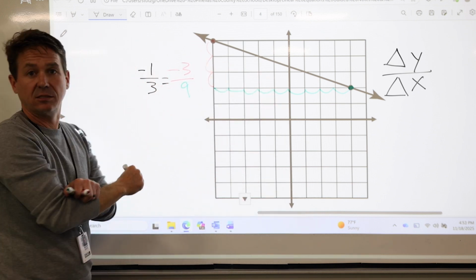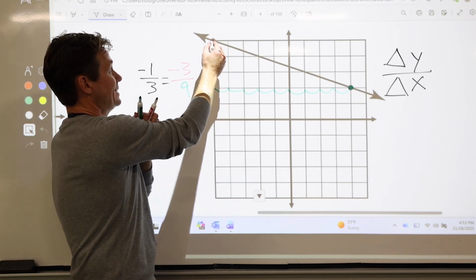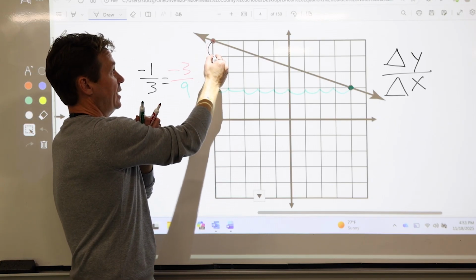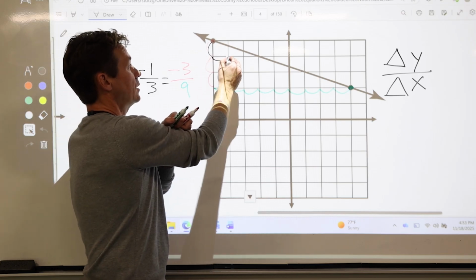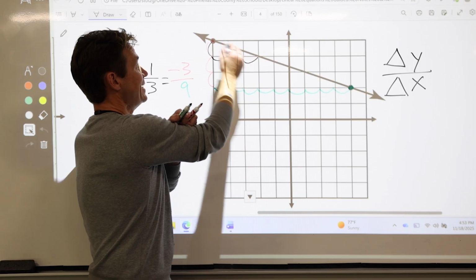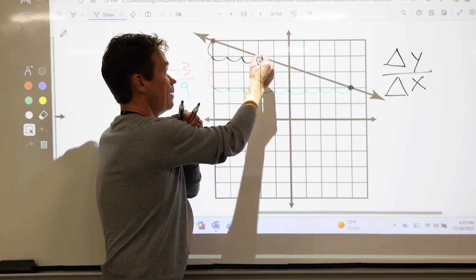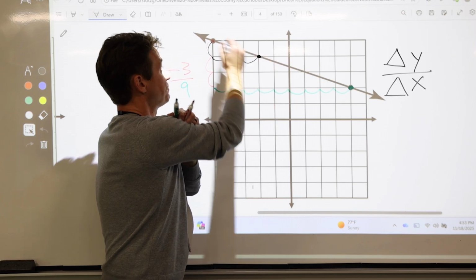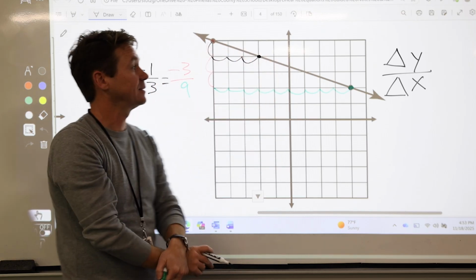Let's just look at the simplified version of our slope. If we went down from this point, -1, and then over 3, we see that our line intersects that coordinate point clearly.